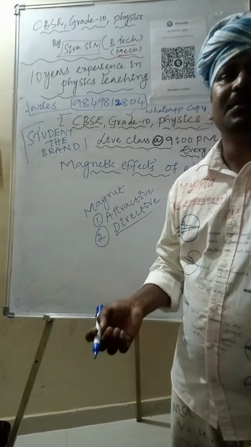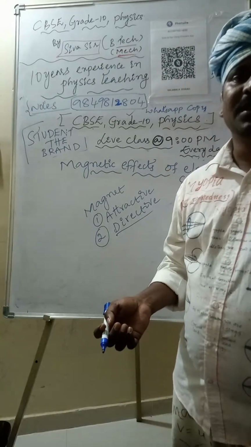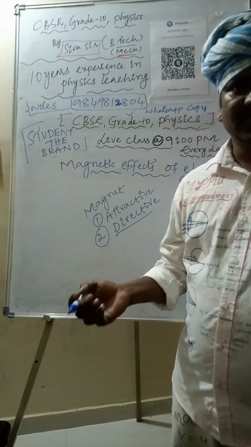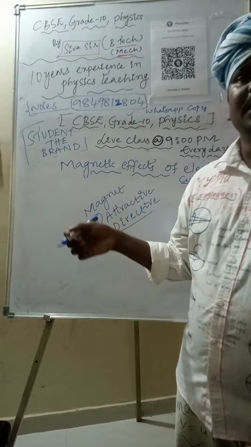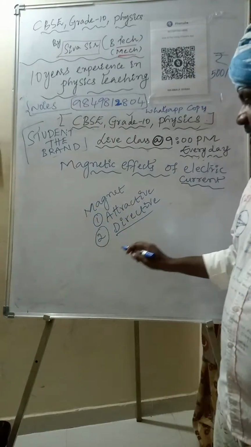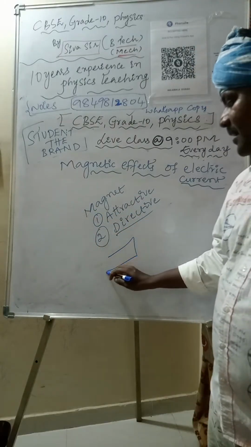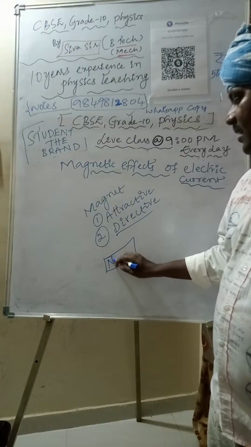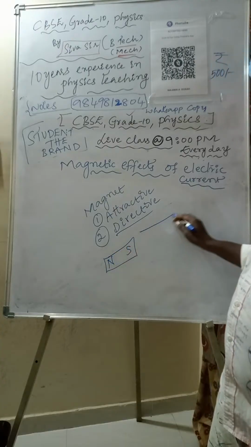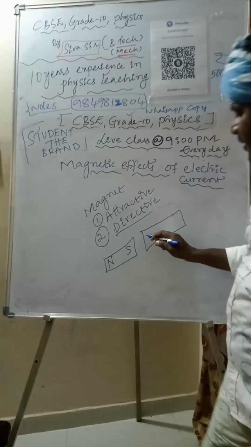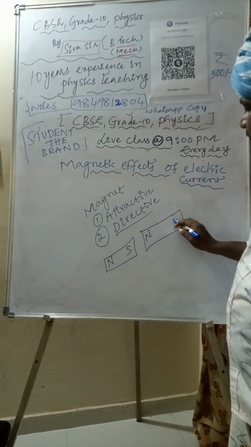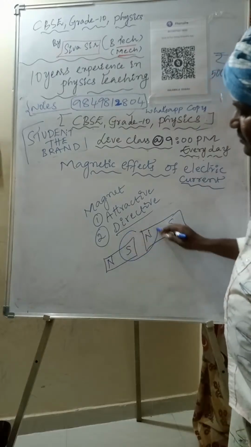So what is the attractive property? Here I am considering a magnet like this. This is the north and this is the south. Here also a magnet, with north and south. Two dissimilar poles will attract each other.